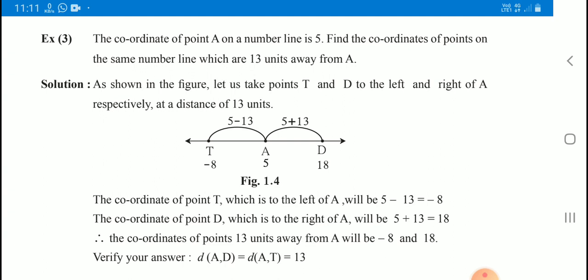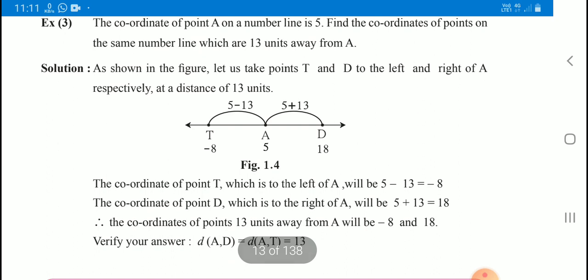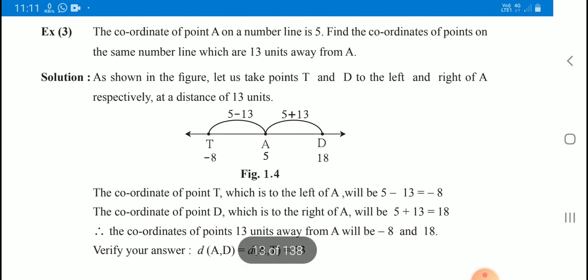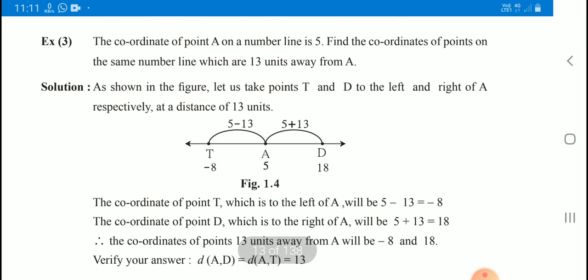As shown in the figure, let us take points T and D to the left and right of A respectively at a distance of 13 units. Now, as you know, the distance on the right side is positive and on the left is negative. So we will add on the right side and we will subtract on the left side.